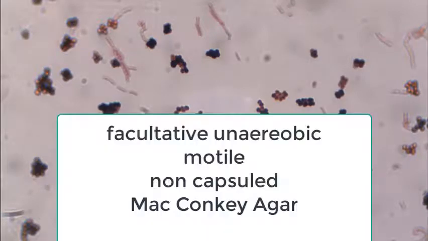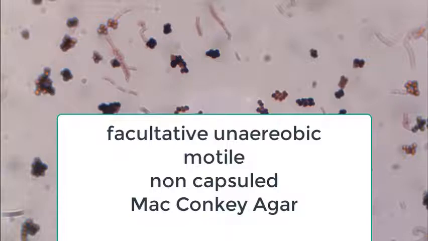They reduce nitrates into nitrites, and they are oxidase negative. They are facultative anaerobes. They are motile except Shigella and Klebsiella. They are non-capsulated except Klebsiella, and they grow on bile-containing media.